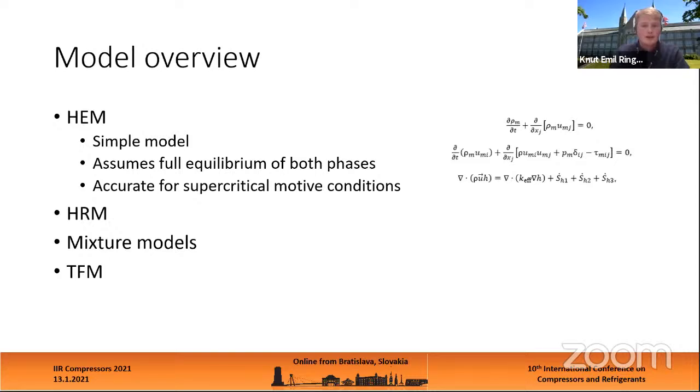The first model is the HEM, or the homogeneous equilibrium model. It's a quite simple model because it assumes full equilibrium of both liquid and gas phase. This means that they are assumed to have the same pressure and temperature and also velocity. And these are typically quite accurate for supercritical motive conditions.